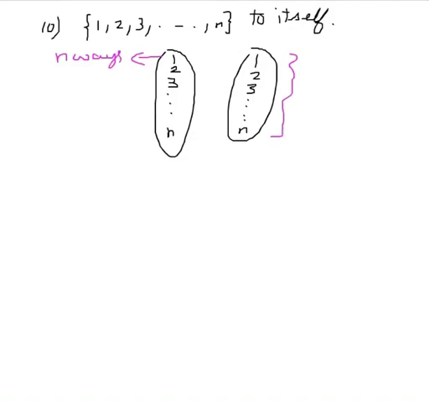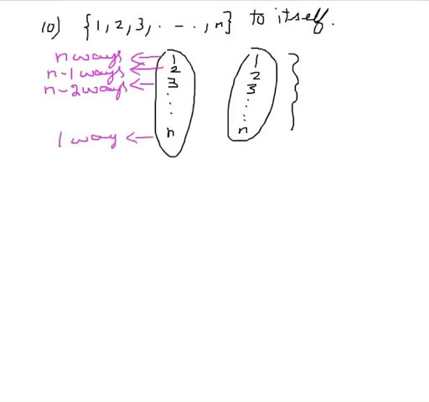So n ways are there. Now remaining n minus 1 elements will be there here. Therefore, 2 has n minus 1 ways to connect with. For 3, n minus 2 ways, etc. The last element will have only one way. Only one element will be left in the codomain.